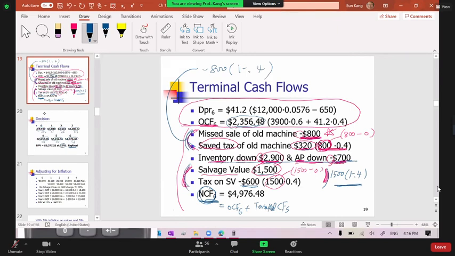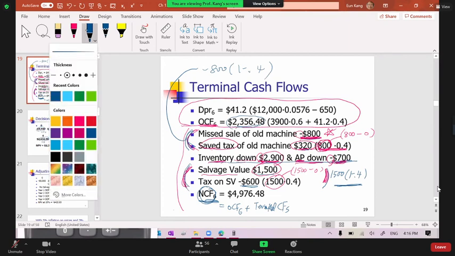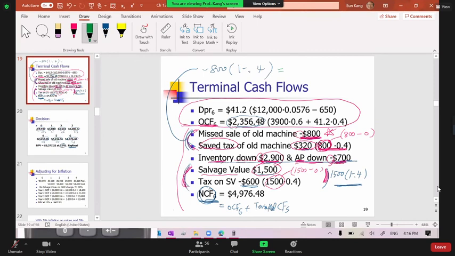Exactly. Actually, let me use a different color. If you expand this one, it is minus 800 times 1, which is minus 800, right? Minus times minus is plus, so plus 800 times 0.4, and that is exactly this. 800 times 0.4 is 320, right?